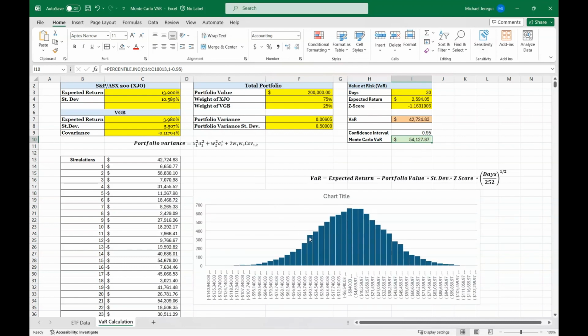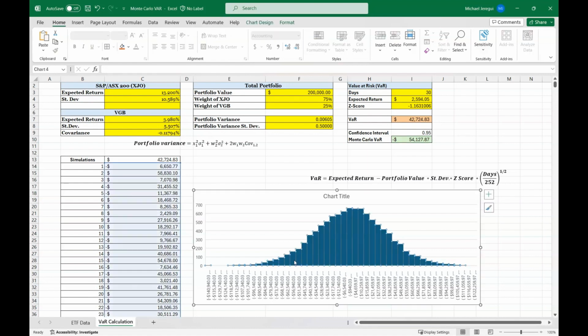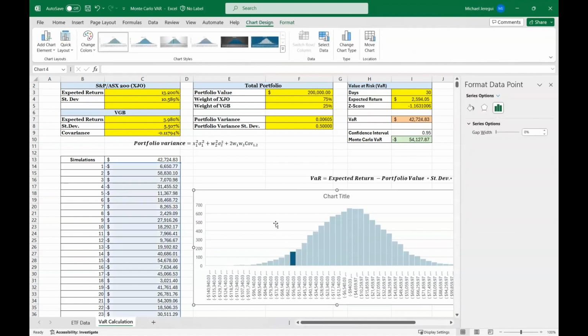So we find that the bottom 5th percentile of this distribution is going to be around this bar here. And this is our 5th percentile.